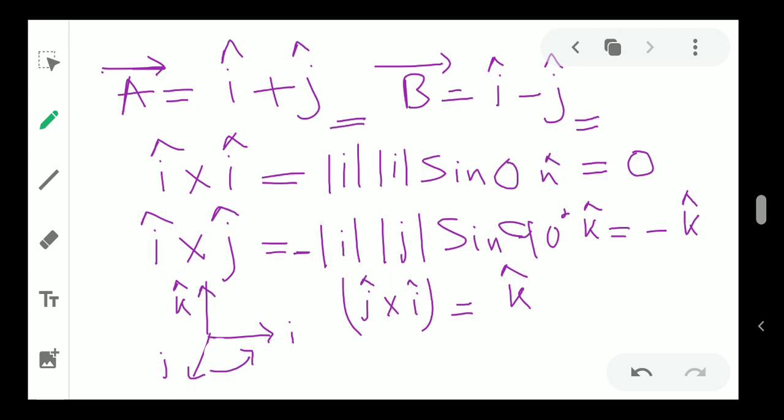So in case of cross product, one thing is clear: the like terms vanish and the unlike terms become the perpendicular direction. Now the sense matters.